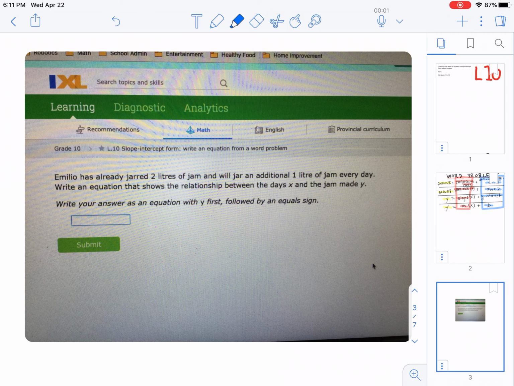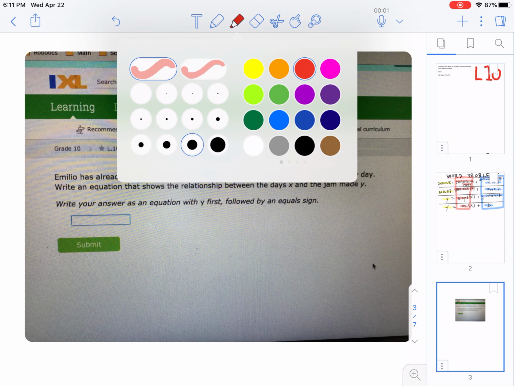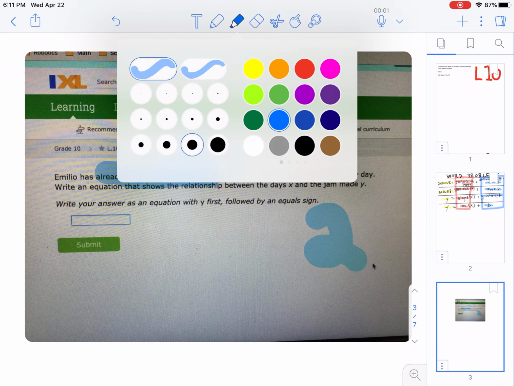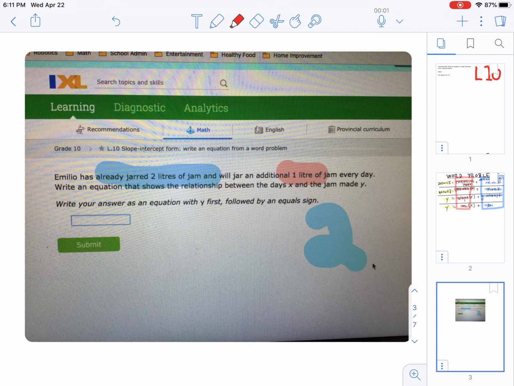So in this question, what part is the fixed part? What part won't change? This is 2 liters of jam. That part won't change. So you put that at the end of the equation, the 2. What about the part that does change? The part that does change is 1 liter of jam, because if Emilio was making jam for 1 day, he'd make an extra liter of jam.